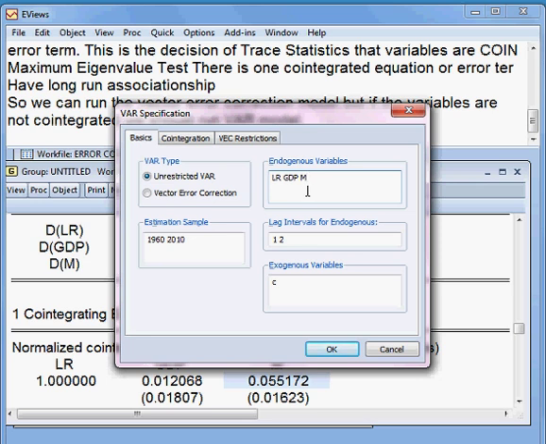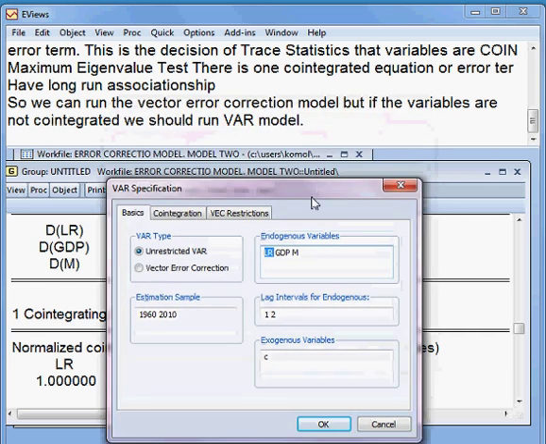Our target is whether GDP and money supply can affect lending rate or not. That is why the first variable is LR, lending rate, which is the dependent variable, and the other two are independent variables.